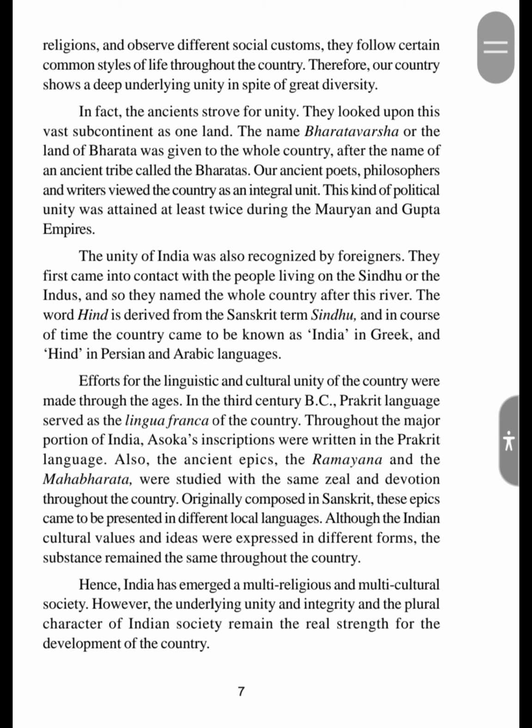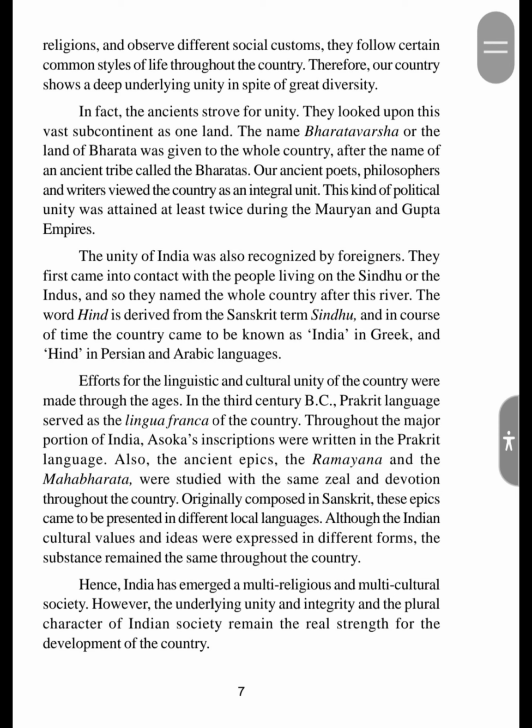The ancient epics, the Ramayana and the Mahabharata, were studied with the same zeal and devotion throughout the country. Originally composed in Sanskrit, these epics came to be presented in different local languages, although the Indian cultural values and ideas were expressed in different forms. The substance remained the same throughout the country.